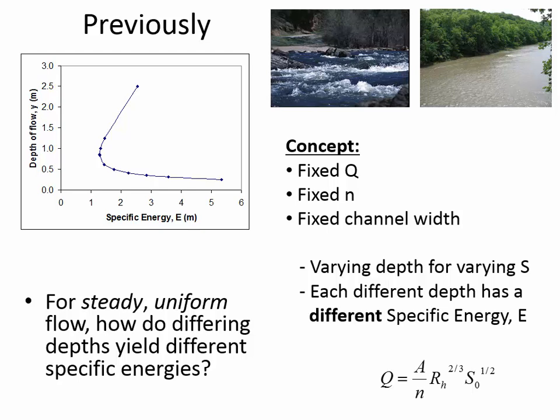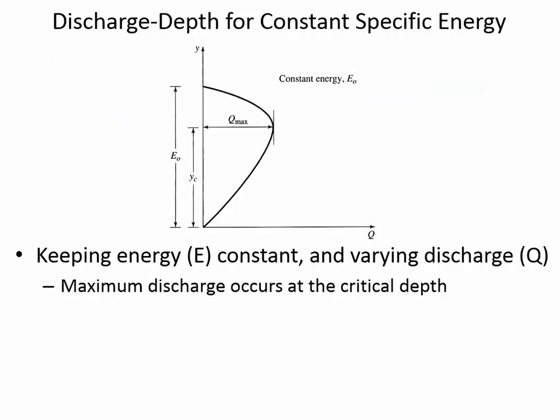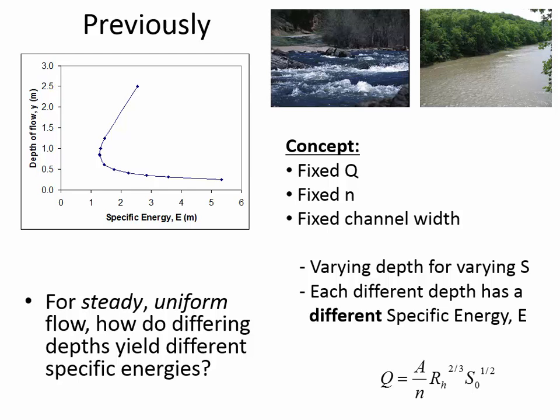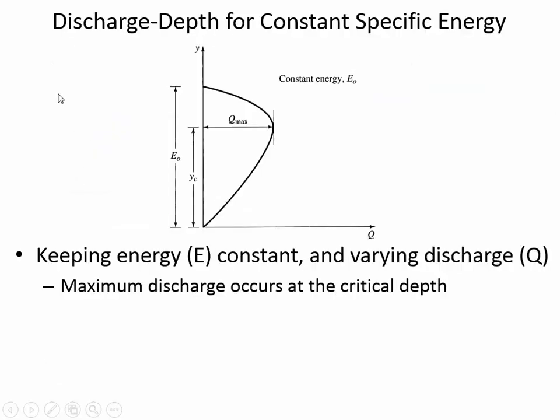Now, another way to look at this specific energy diagram is, instead of a diagram that has a lot of different specific energies and varying depths, like this one that we've looked at before, where specific energy is on the horizontal axis and depth is on the vertical axis, this figure is also presented in the text for a specific energy that is constant.